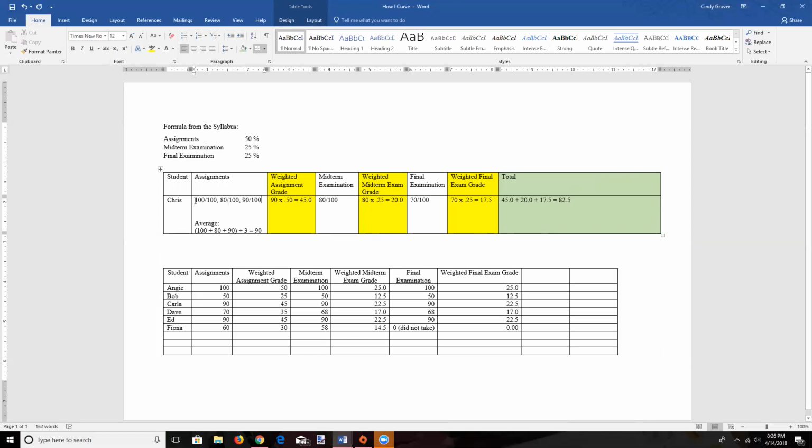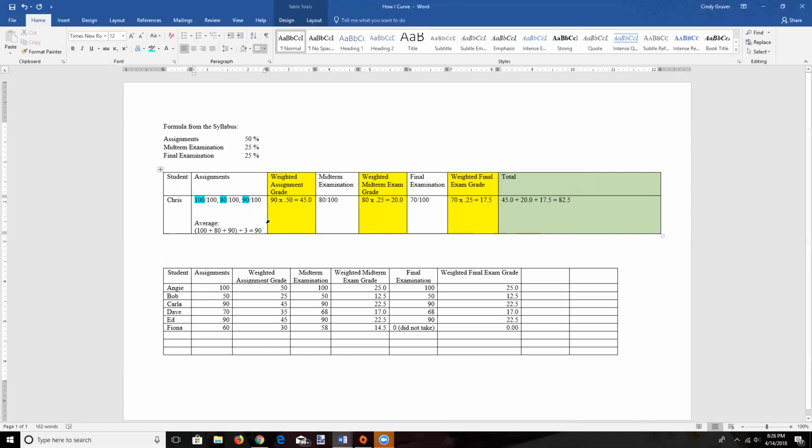So what you do is you take the numerators of our fractions here and add them together. So 100 plus 80 plus 90. You add these 3 numbers together and divide by 3, because we have a total of 3 numbers, to get the average of 90.